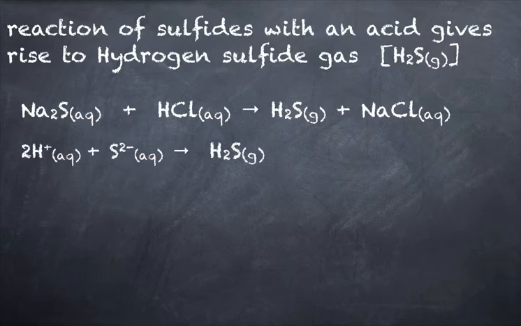So your net ionic reaction is going to be 2 hydrogen ions, 2 protons, plus 1 sulfide ion gives you hydrogen sulfide gas.